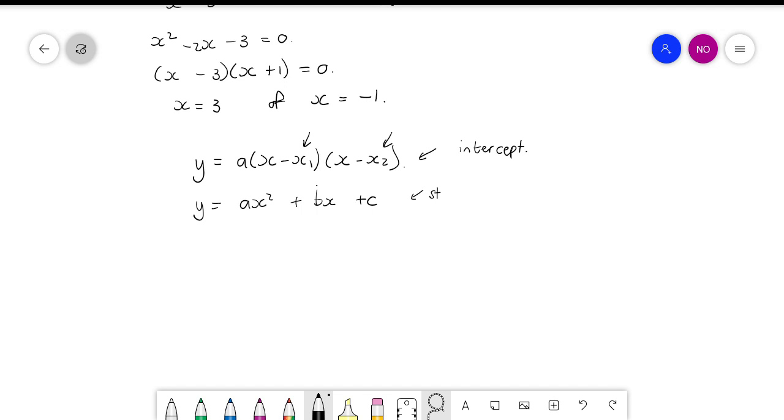And then we have the turning point form. So dis die drie verskillende maniere wat hulle vir julle die vergelykings van die parabool kan gee.